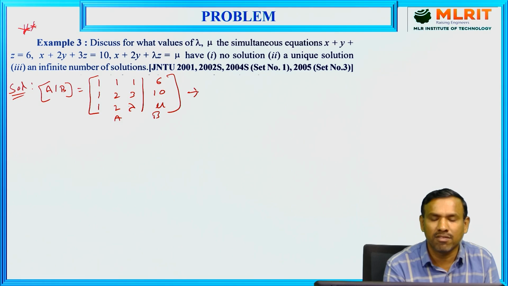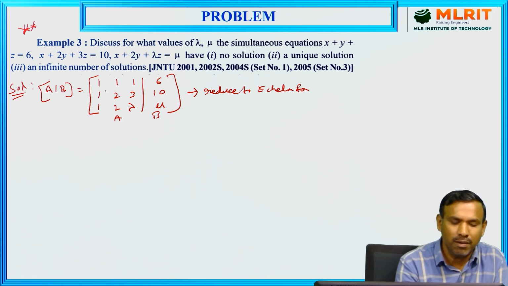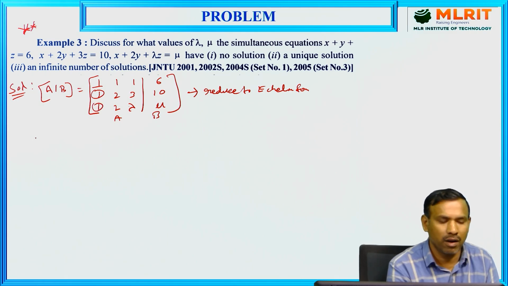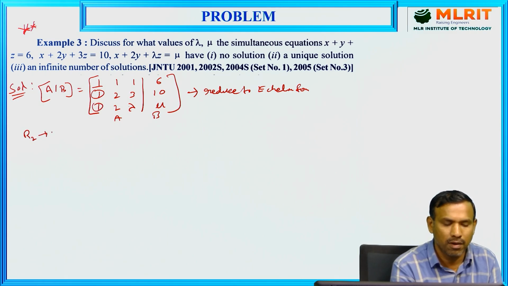Till here if I consider the first part, that is A, the second part is B. So again the same methodology we will follow: reduce to echelon form. What is the echelon form? We know very well. Using the first row we make the two elements below 0. That is R2 implies R2 minus R1, R3 implies R3 minus R1.